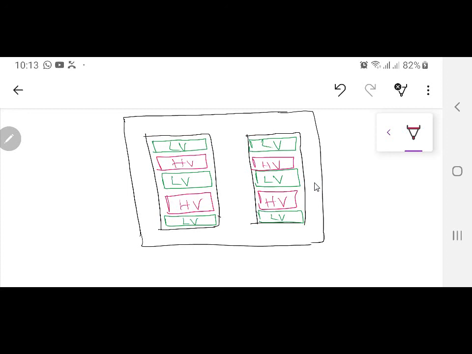This was not done in the transformer in front of you. In this transformer, first the low voltage winding and then the high. This type of winding in which first you do the low voltage and then the high voltage is called a concentric winding because they are centered on the same thing. But when you are sandwiching low voltage, high voltage, low voltage, high voltage, this type of winding is called a sandwich winding.